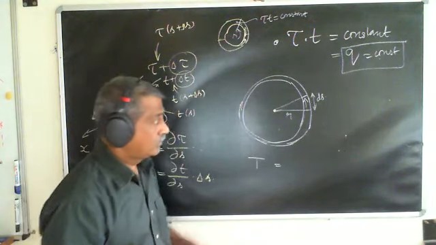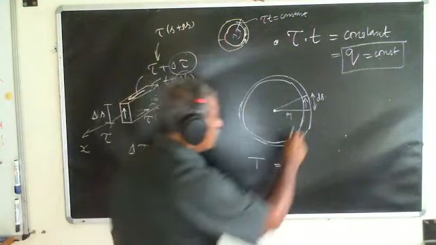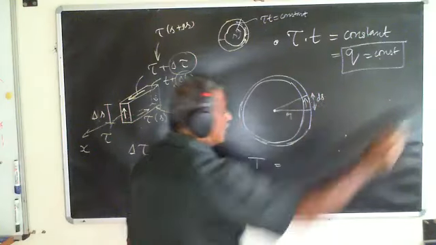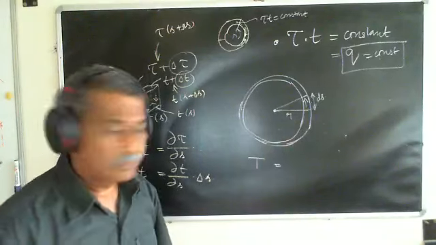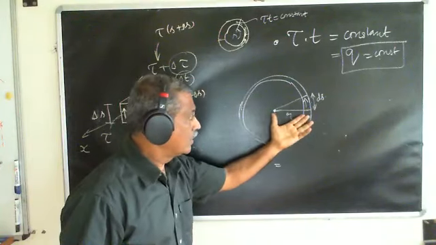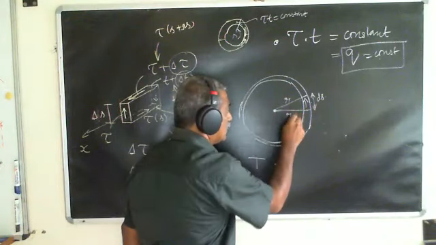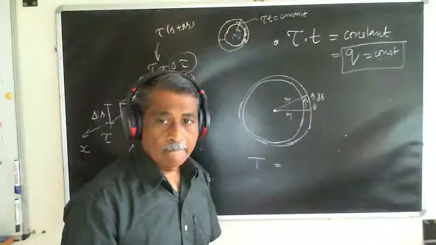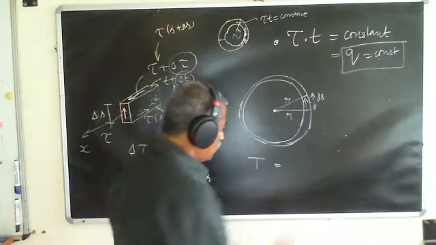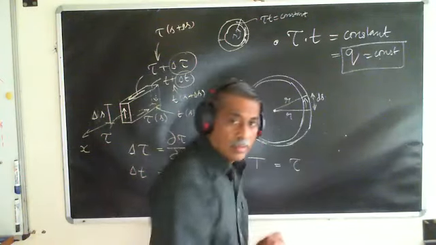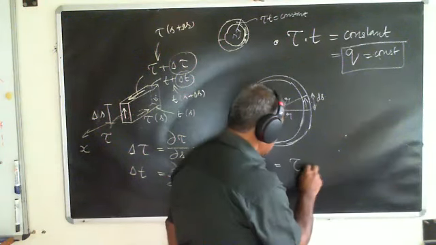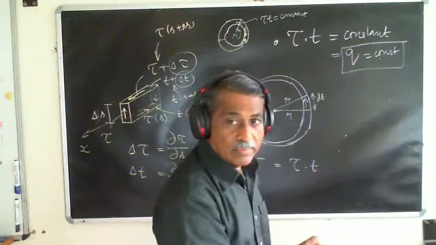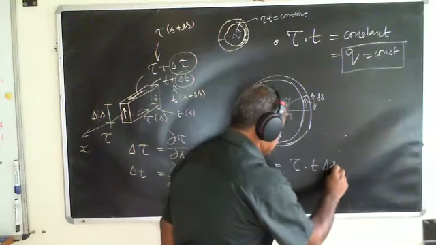I'm just going to do it for this and integrate it over the entire circle. Okay. So what would I get here? This is R, this is R. Tau. Very good. Somebody has written tau times T times delta S. Right.